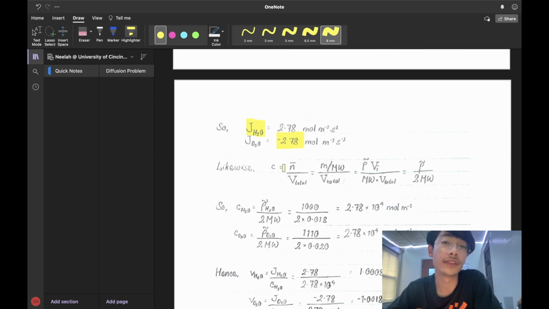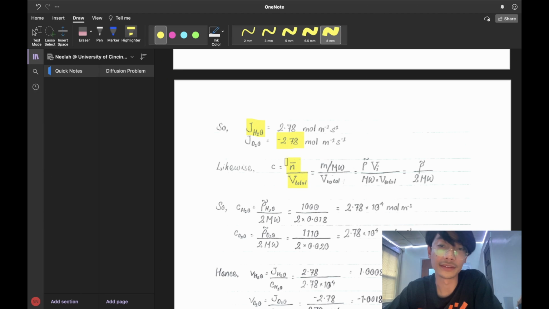So we know that the molar concentration of a substance is equal to its number of moles, which is represented by n bar, divided by the total volume of the mixture. So now we run into the same problem as we did before. We do not have any of these values.